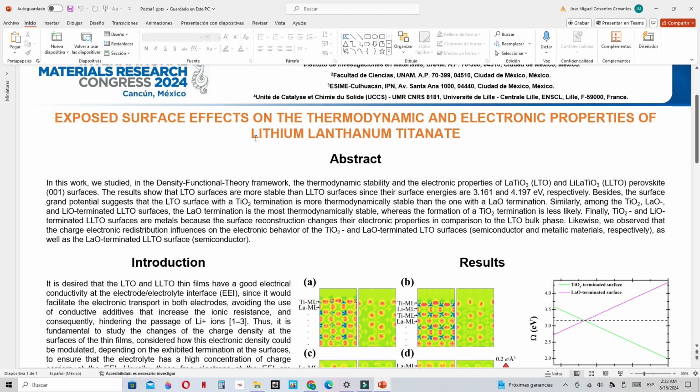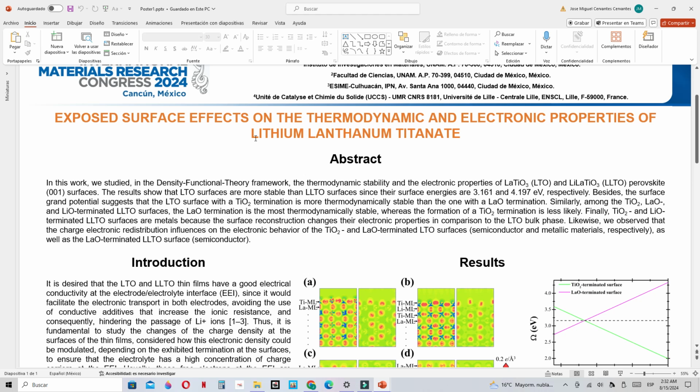Finally, titanium dioxide and lithium oxide terminate LTO surfaces are metals because the surface reconstruction changes their electronic properties in comparison to the LTO bulk phase.